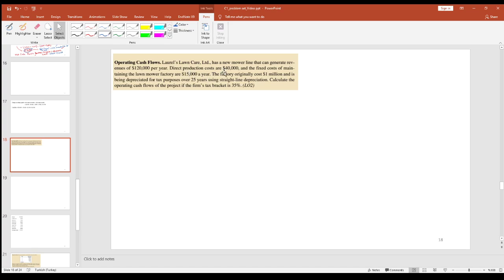Direct production costs are $40,000 and the fixed cost of maintaining the lawn mower factory are $15,000 a year. The factory originally cost $1 million and is being depreciated for tax purposes over 25 years using straight line depreciation. Calculate operating cash flow of the project if the firm's tax bracket is 35%.